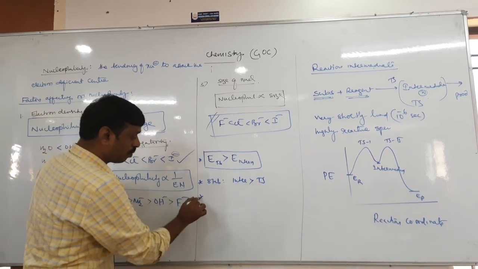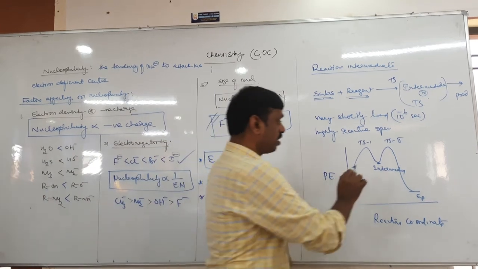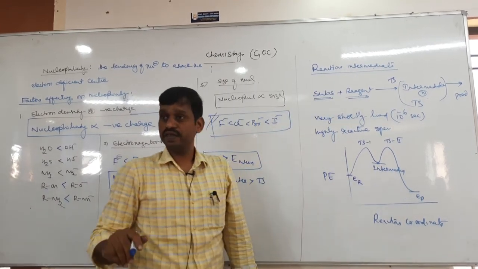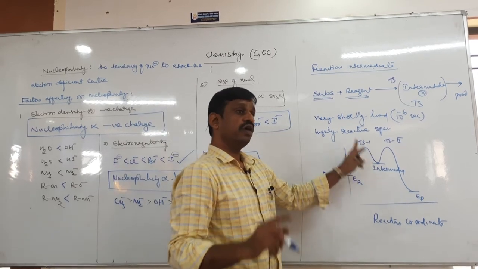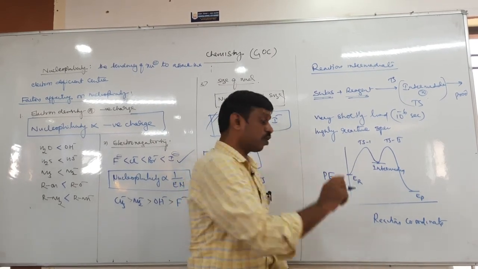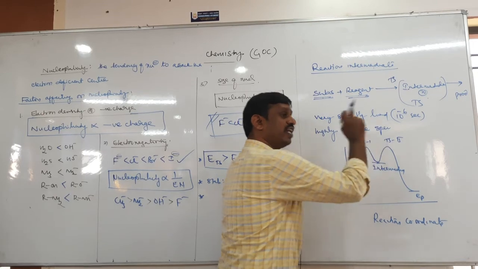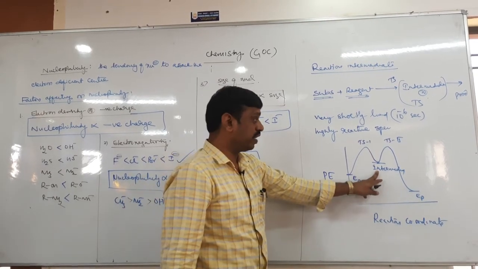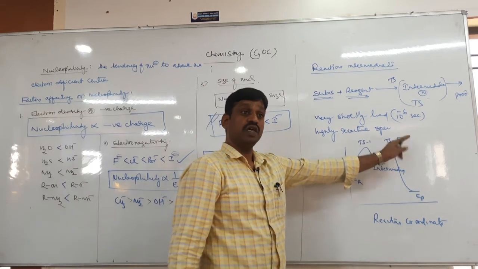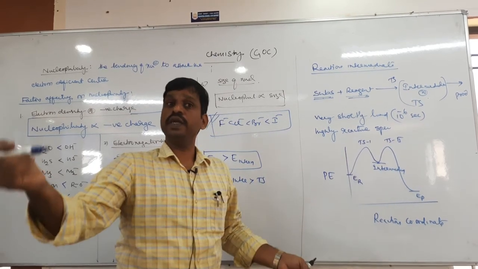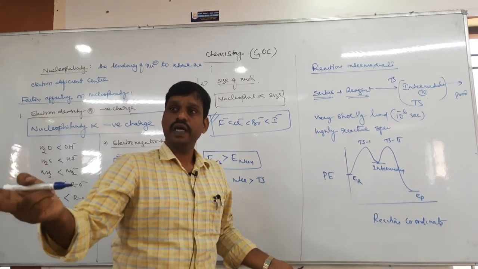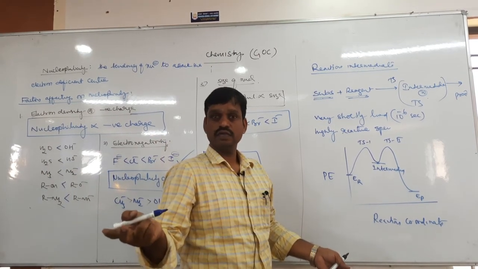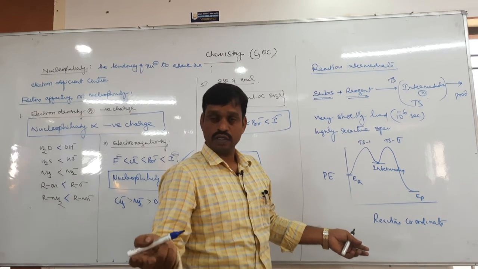And one more important point: in some reactions there will be 2-3 intermediates. If you take one intermediate, it is always surrounded by how many TS? 2 TS, right? One intermediate is surrounded by 2 TS. Suppose I take 2 intermediates, they must be surrounded by 3 TS.